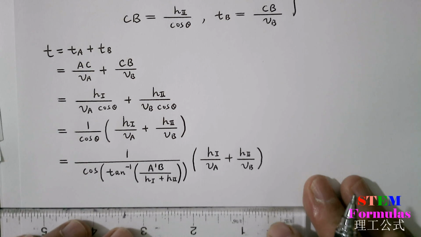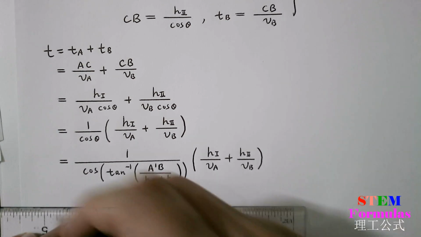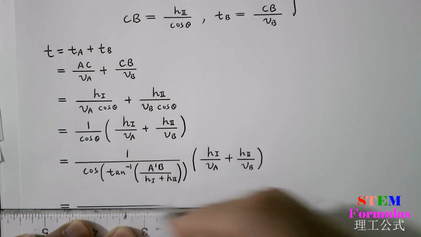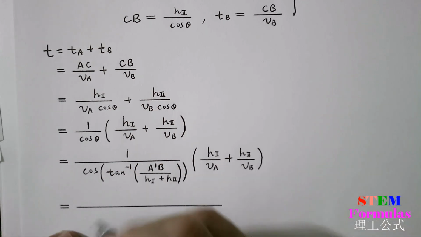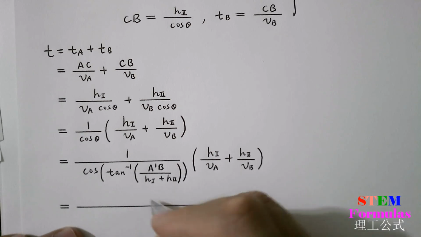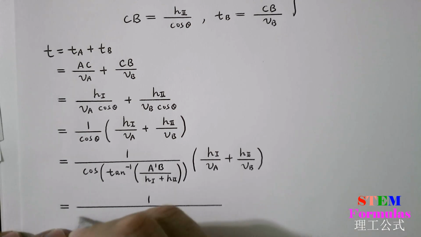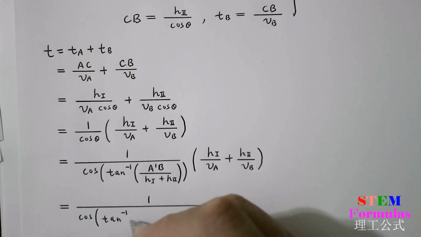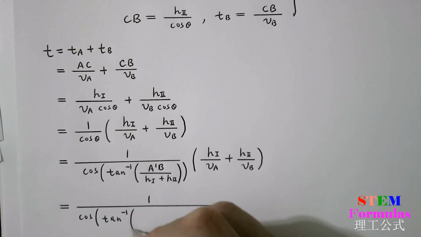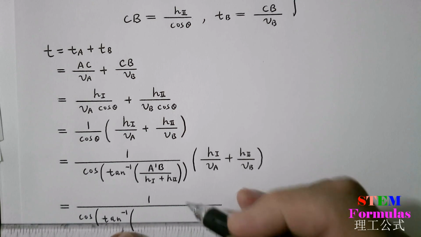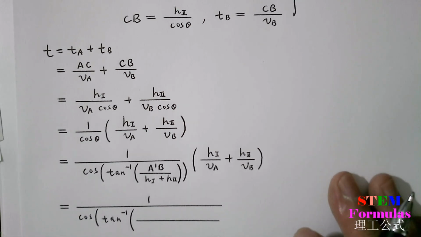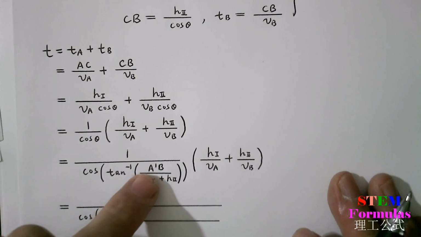I write down one divided by cosine tan inverse bracket, A prime B is here.